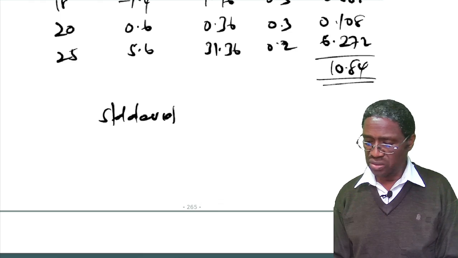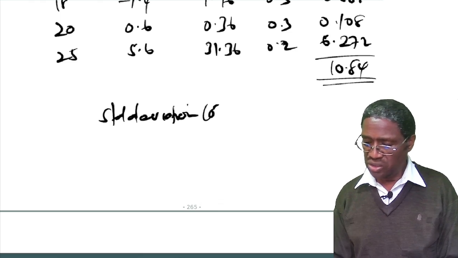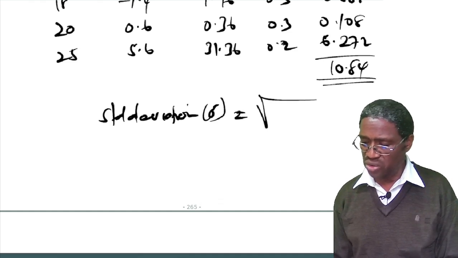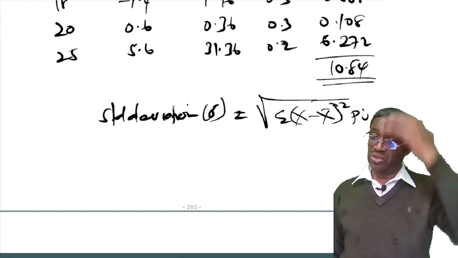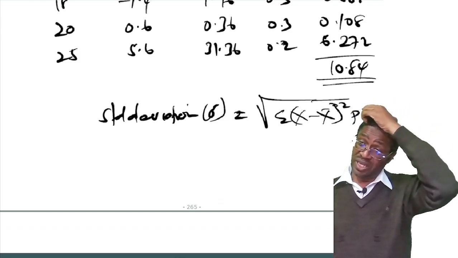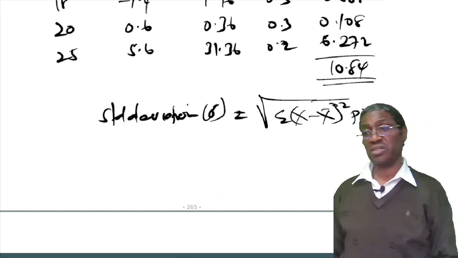Standard deviation, theta, I told you, is the square root of the summation of X minus X bar, everything squared, times the probability. Already I have that. What is inside the bracket is 10.84.